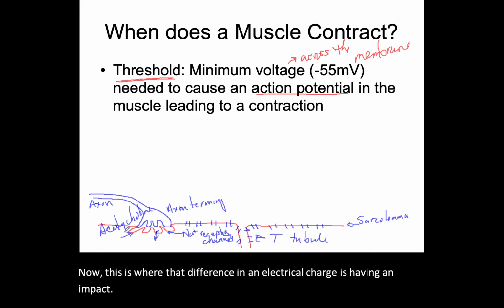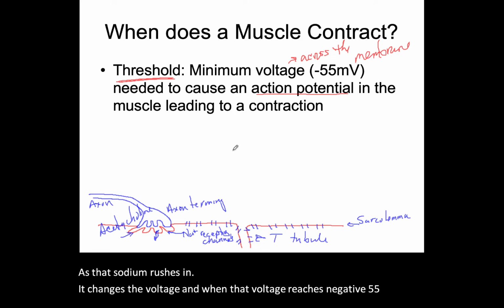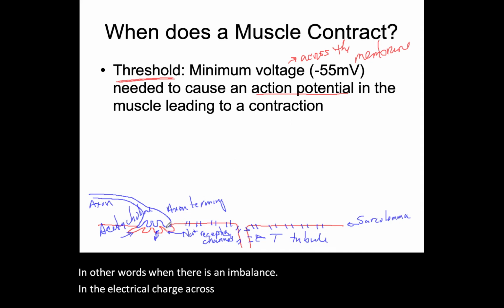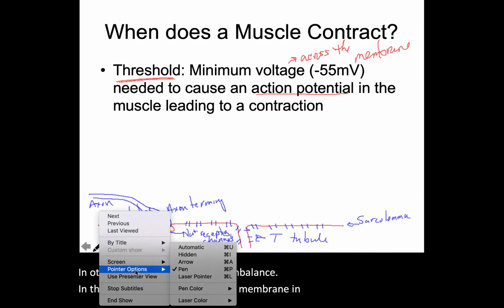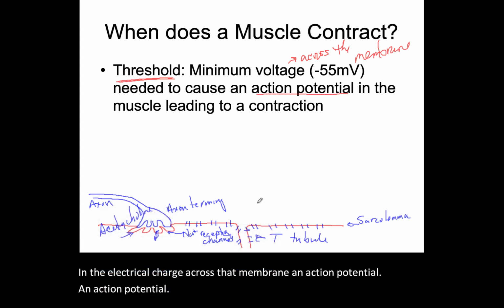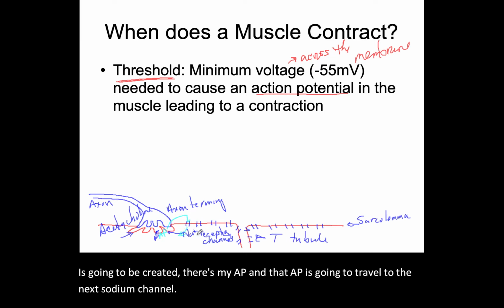Because as that sodium rushes in, it changes the voltage, and when that voltage reaches negative 55 millivolts, in other words, when there is an imbalance in the electrical charge across that membrane, an action potential is going to be created. There's my AP. And that AP is going to travel to the next sodium channel, which is going to have sodium rush in.